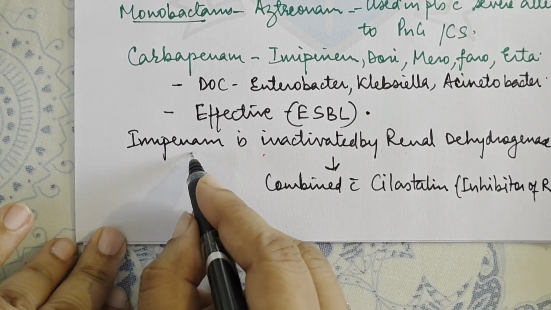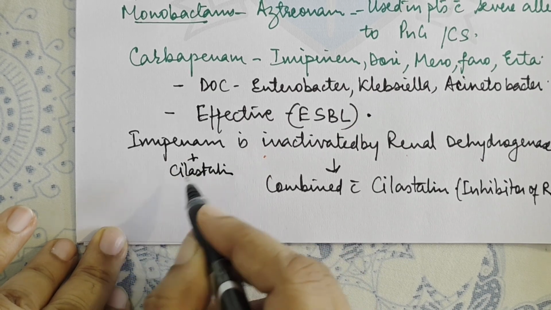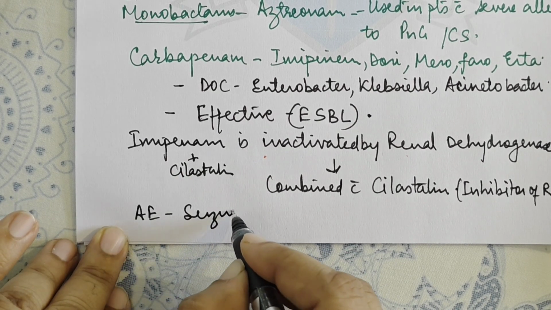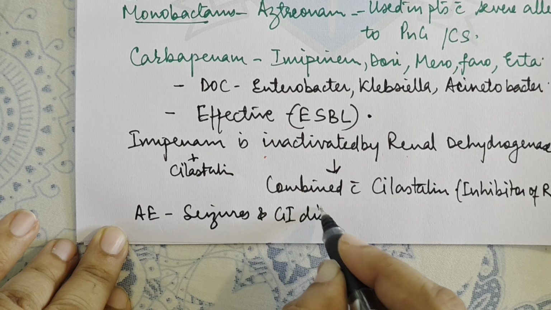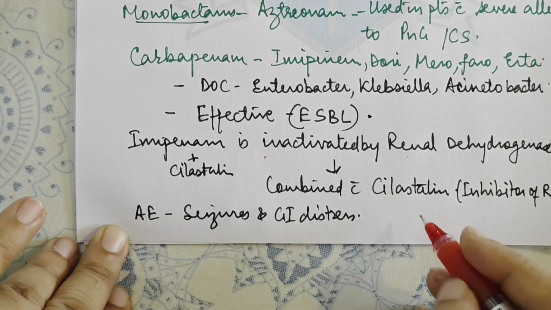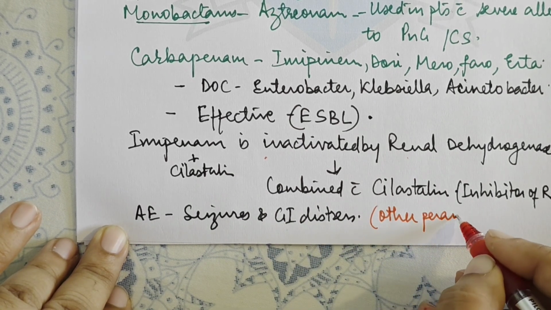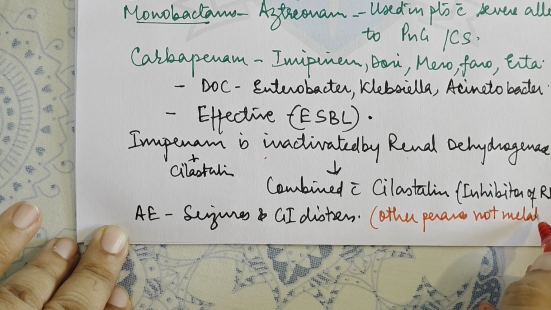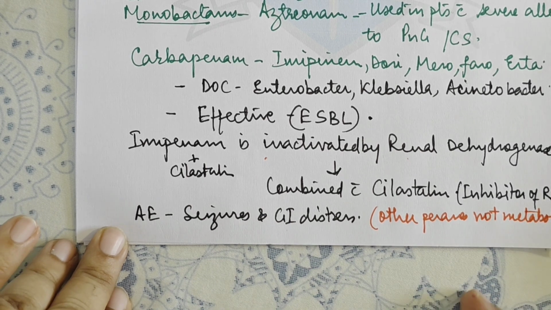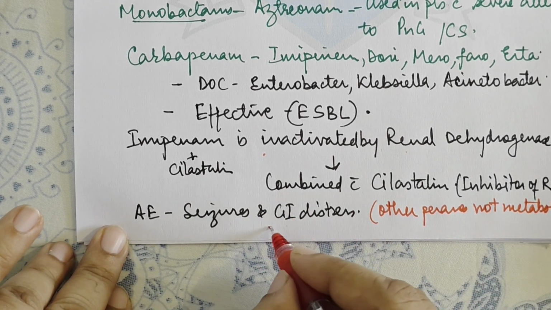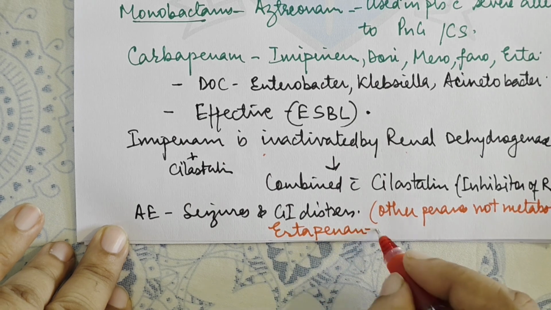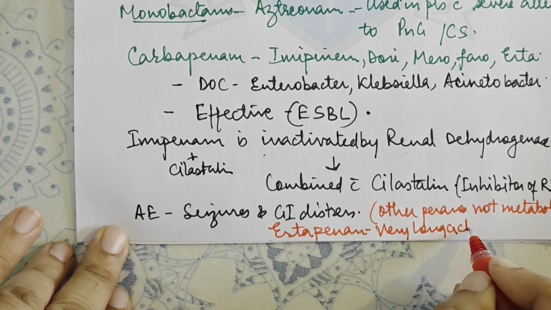So this combination imipenem plus cilastatin is used. Its adverse effects are seizures and GI distress. Other penems are not metabolized by renal dehydropeptidase, and ertapenem is very long acting.